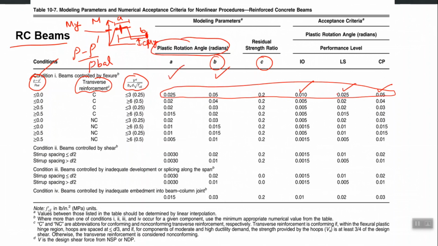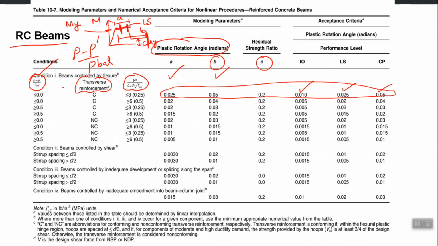LS is 0.025, which means it is exactly at A. CP is 0.05, which corresponds to B, which means the very last point of this curve is actually CP. So, this whole row will guide you to plot that curve, and the three capacities corresponding to that. You can use this table and define plastic hinge in ETABS if you follow that.